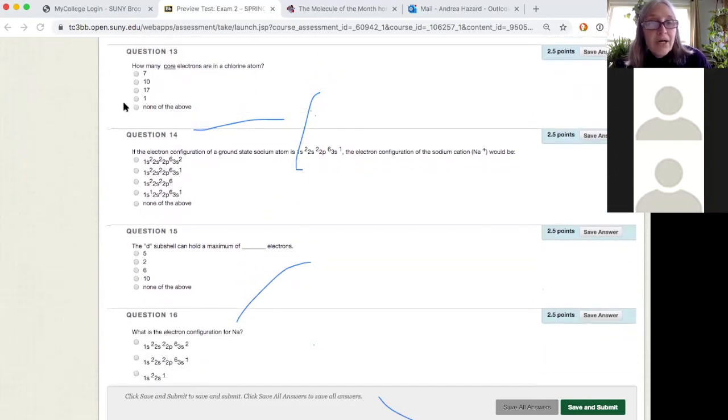How many core electrons are in a chlorine atom? So chlorine, and I'm going to quickly open my periodic table here, which I didn't think to do before. I should have. For all these, you should always have your periodic table handy.